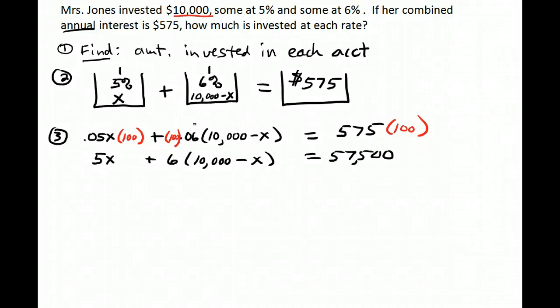I needed to multiply the 100 times this 0.06, but not all the way through. Now if that's confusing for you, then go ahead and clear the parentheses first and then multiply all the way through by 100. Okay, I'm going to continue solving this problem.